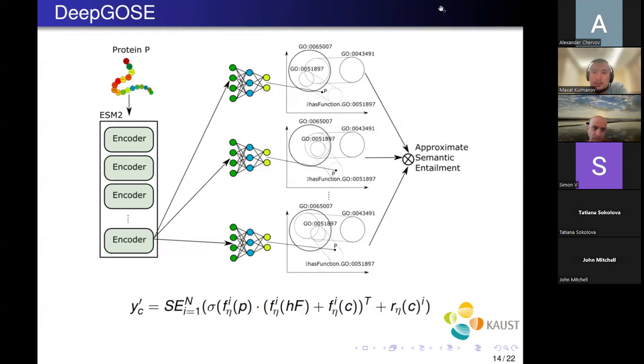So in logic, in description logics, semantic entailment is, in simple words, defined as: if you can infer knowledge based on the A box, so based on the instances, and based on the models of the ontology, and it's true in all models, then that means it's semantically entailed.